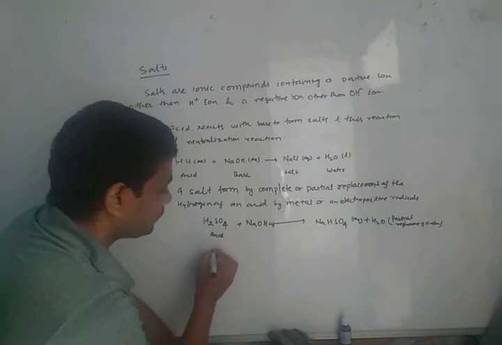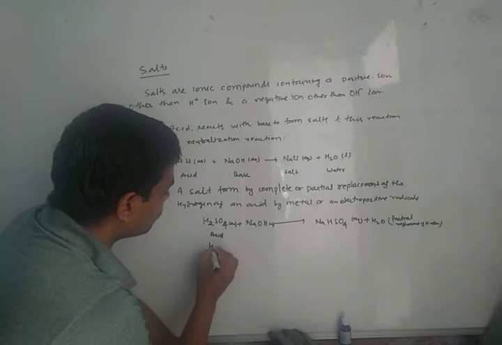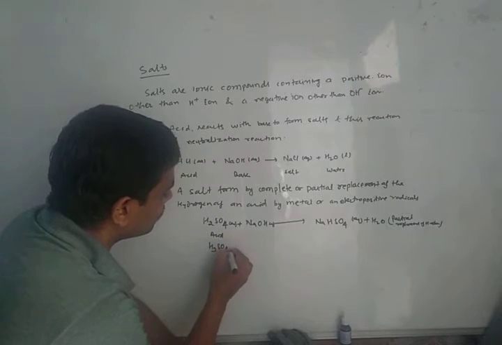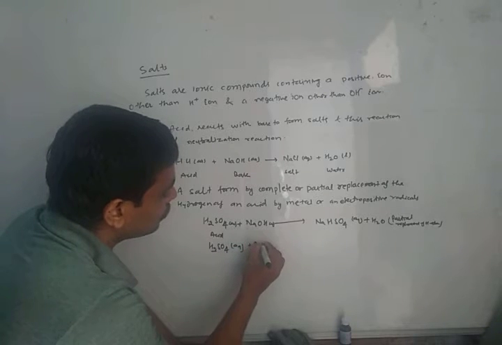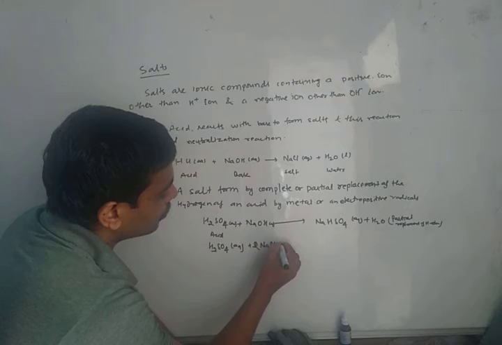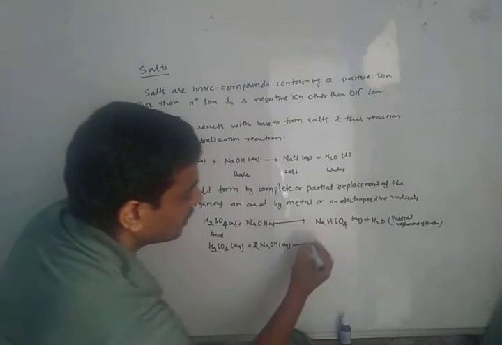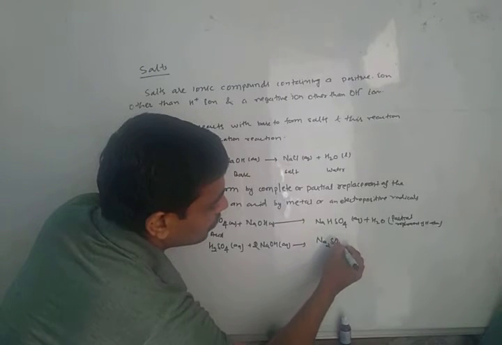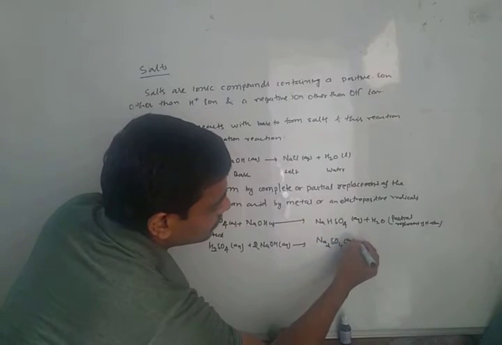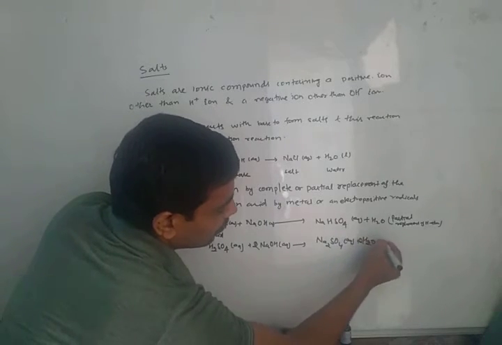And again, if H2SO4 is combined with 2 NaOH, a more amount of base, an excess of base, it forms Na2SO4 aqueous plus 2 molecules of water.